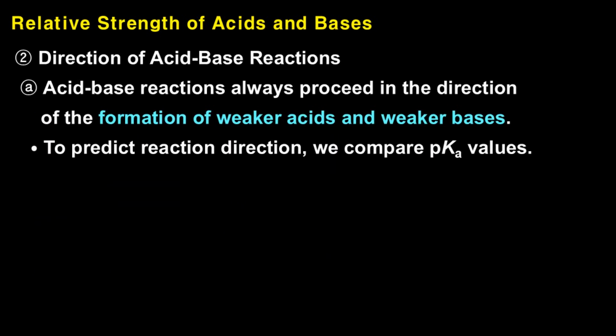Now that we've talked about acid and base strength, let's see how this actually plays out in real reactions. Here's a simple rule. Acid-base reactions always move toward the more stable side. In other words, the system naturally shifts toward forming the weaker acid and the weaker base. So if you want to predict which direction a reaction will go, just compare the pKa values.